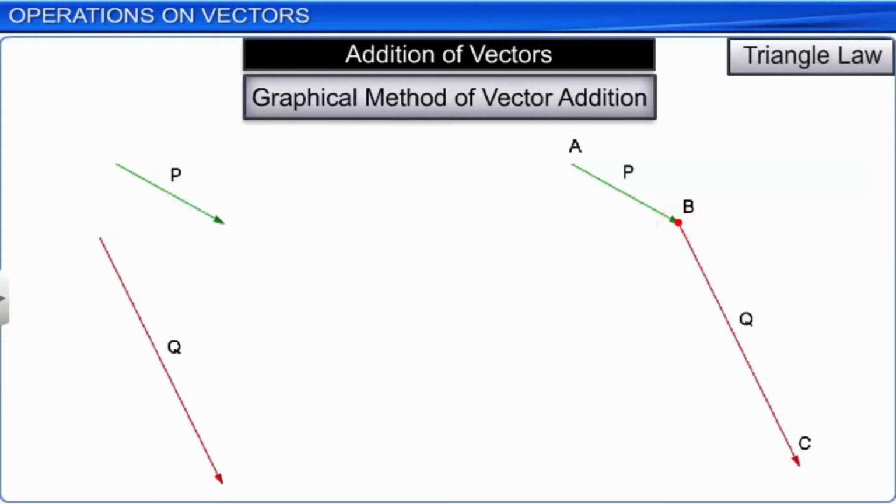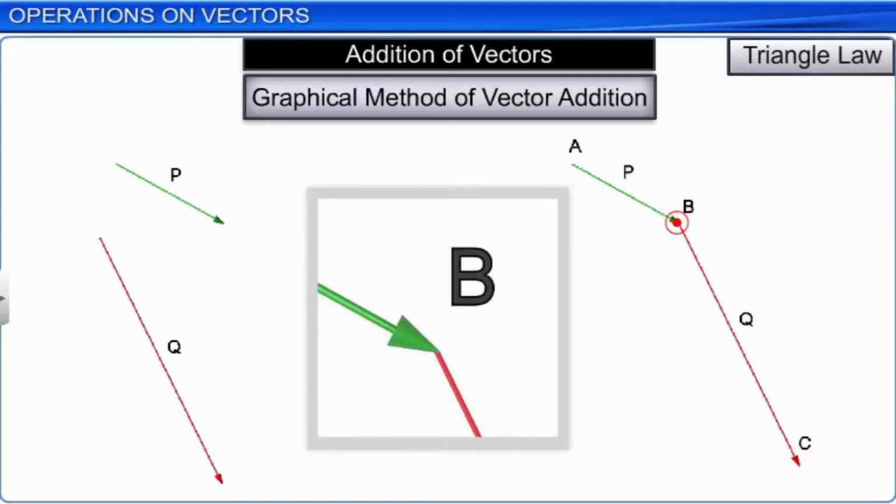Now join AC. Display an arrowhead at C on line AC. AC is vector R, obtained by adding P and Q.